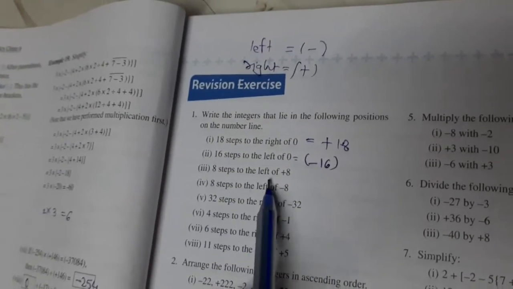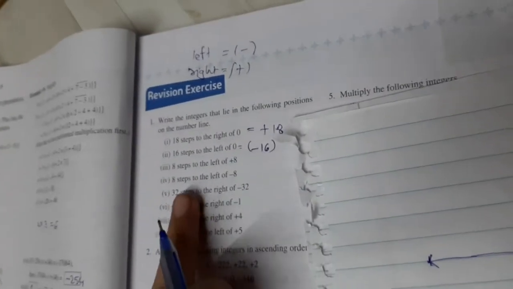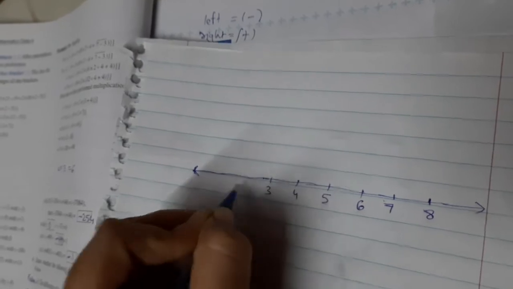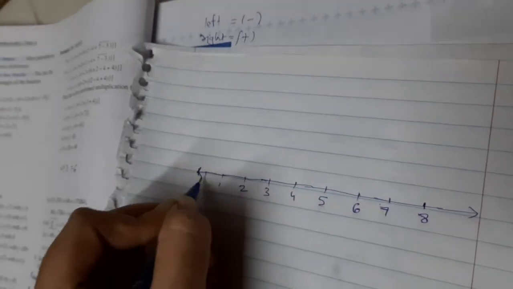Then 8 steps to the left of plus 8. Now this one let us do with the help of a number line. Here we have one rough page, so we will draw a number line. We will start with 8. We have to go left from plus 8. So this is our plus 8. We will go to the left side: 7, 6, 5, 4, 3, 2, 1, 0.